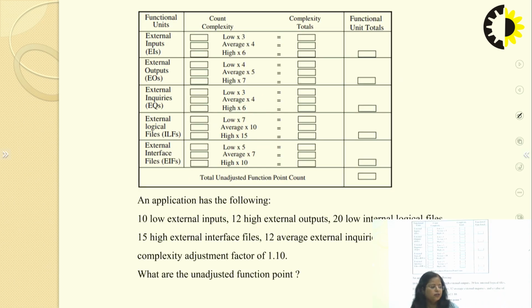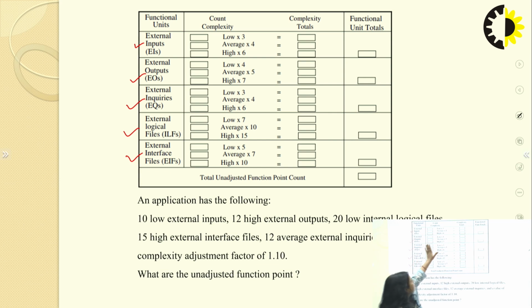Another method for calculating the function point analysis is this table for calculating UFP and CF. We draw this table and mention the functional units. There are 5 functional units, so first we mention the functional units.